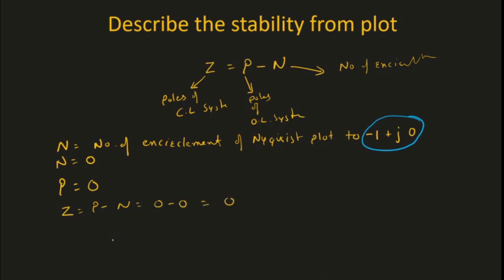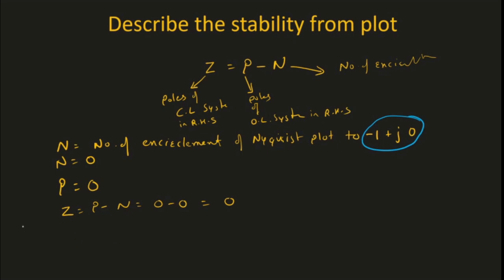So the poles of the closed loop system in the right hand side of the s plane are equal to 0.